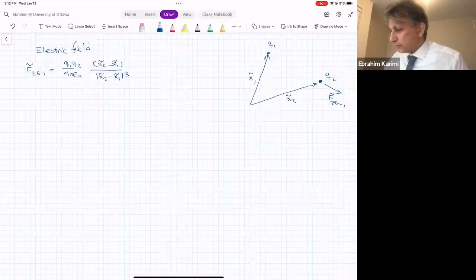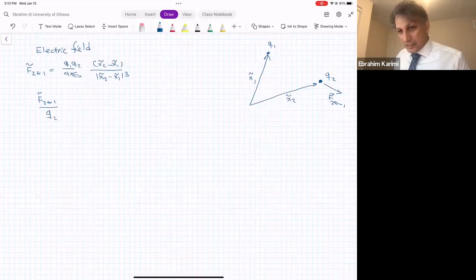And you measure the force on particle 2, and divide the force on particle 2 by the charge of particle 2. So the force on particle 2 that happens due to particle 1, divided by the charge of particle 2.